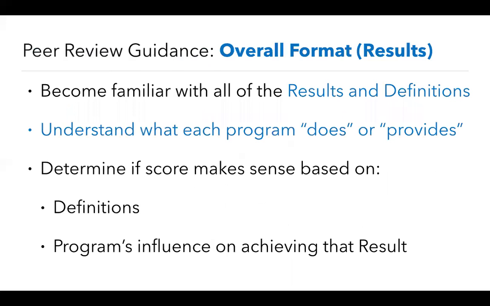So starting today, a couple of things that you can do in preparation for your first meeting is to become familiar with the results and definitions that you are responsible for. So if you are responsible for organizational sustainability, go ahead and become really familiar with that result and its definitions.